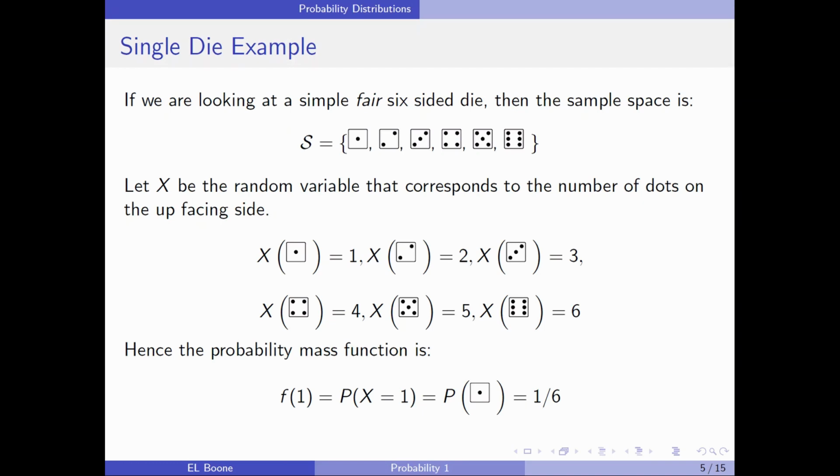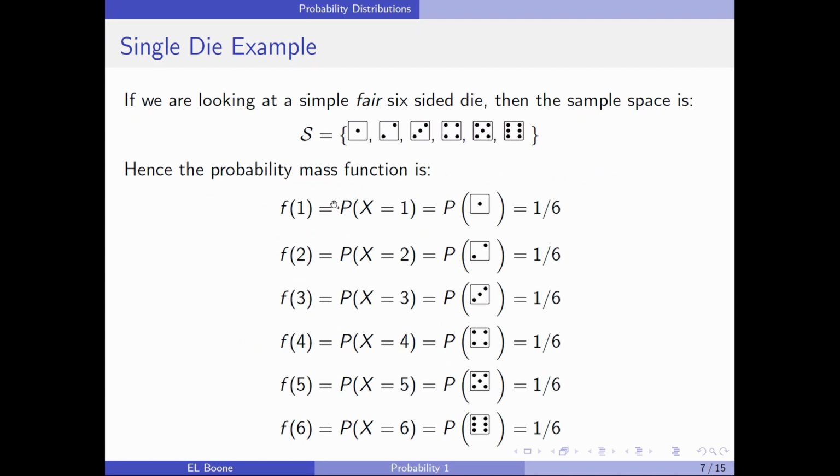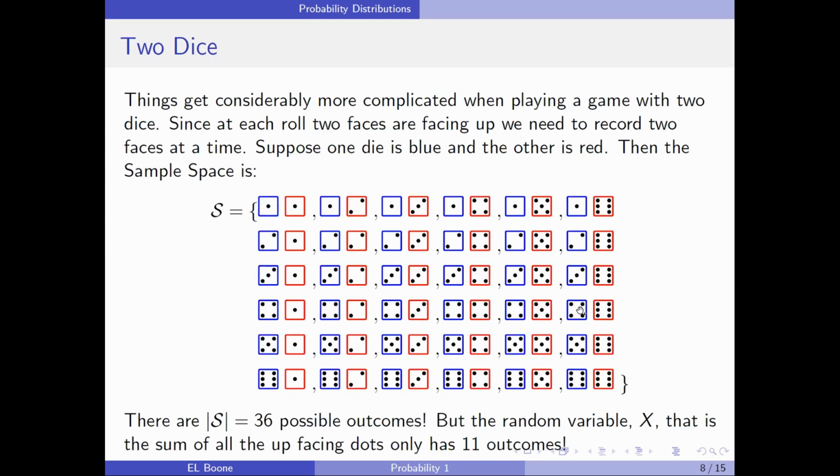Now let's go a little more complicated with 2 dice. I can do each one of these all the way down to the entire probability distribution. We just look backwards and things work out. If you remember, this is all the possible outcomes.